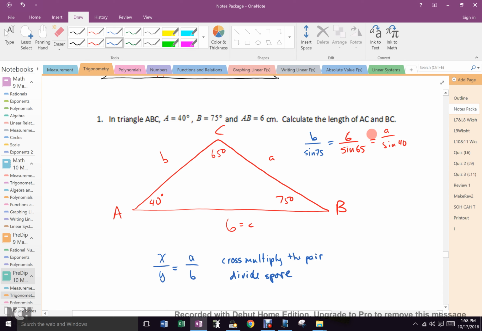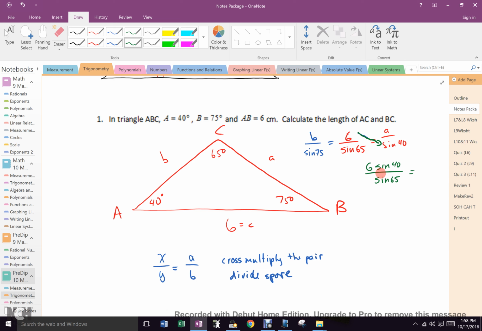Okay? So here I have two fractions, don't I? Because sine 65 is just a number, isn't it? Right? So I have a pair, 6, and I'll do this with a different color. 6 times sine 40 divided by what's left over, sine 65. Everybody cool? So to punch that in your calculator, 6 sine 40 in brackets divided by sine 65.